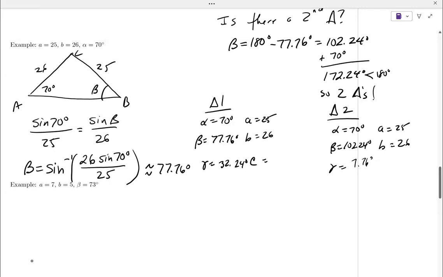Now to figure out C, in either case, we need to set up our ratio with the law of sines. I'm already using a rounded angle, even if I keep my digits in my calculator. I'm using a rounded angle here.